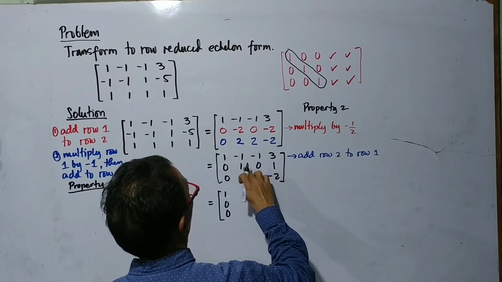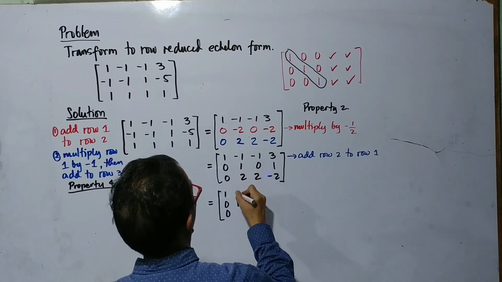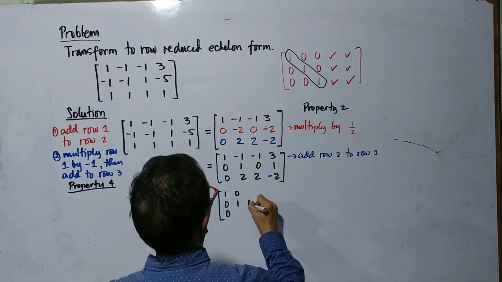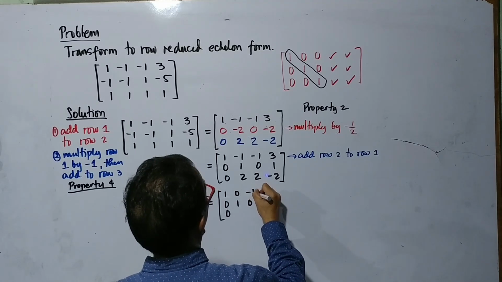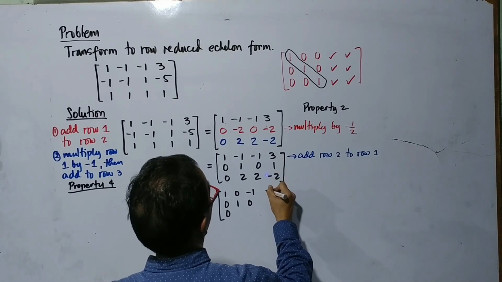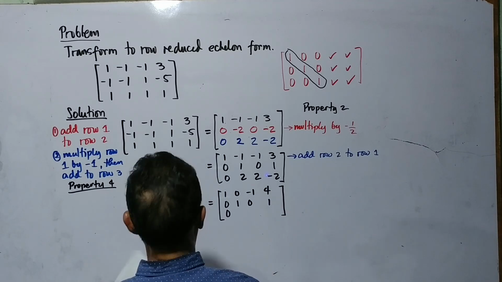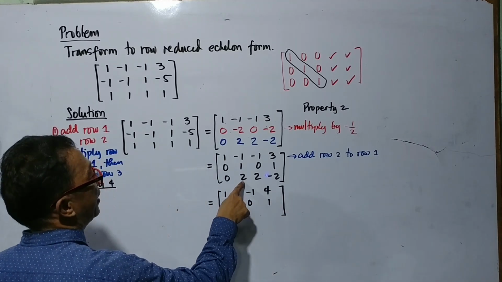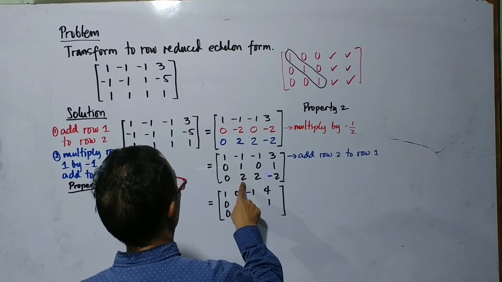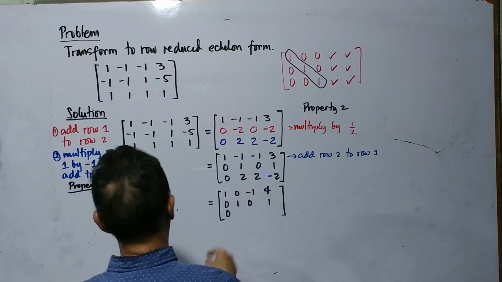Add row 2 to row 1. So 1 minus 1 equals 0. Copy 0, negative 1. 1 plus 3 equals 4. Next, to make this 0, just multiply row 2 by negative 2, then add row 3.